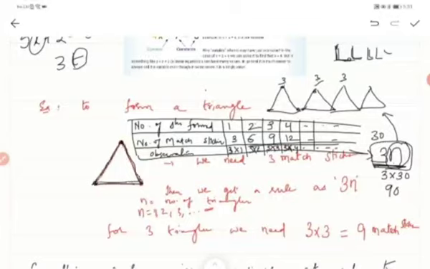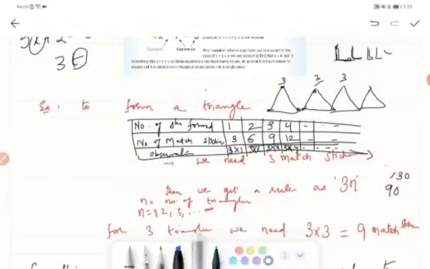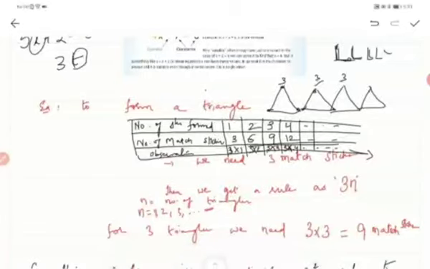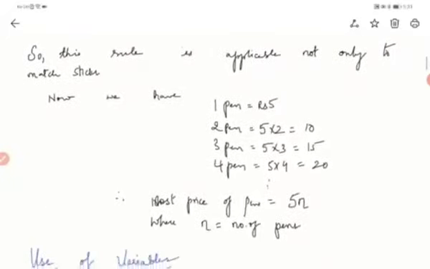Okay, so likewise these variables are not only used for matchsticks. You can use them for pens as well, any kind of thing which has a certain pattern. You can conclude with some expression. So let me take one more example.